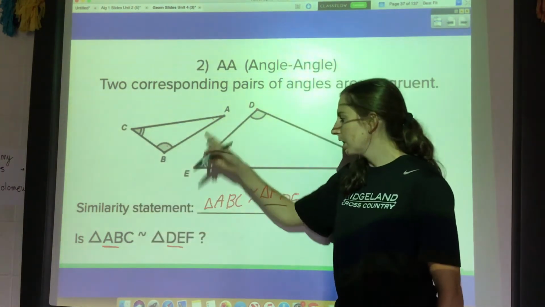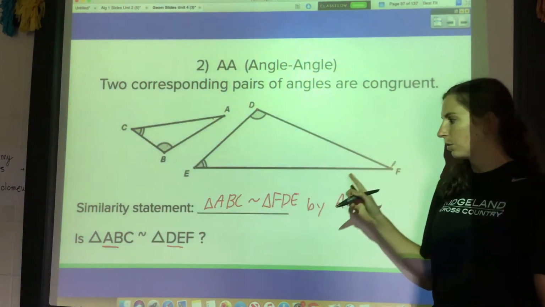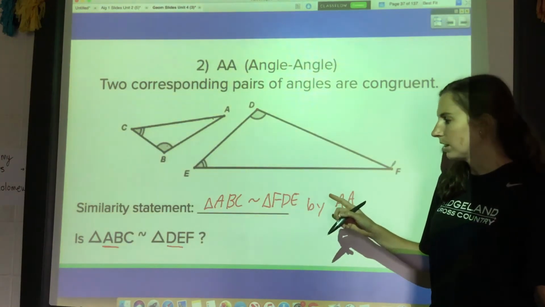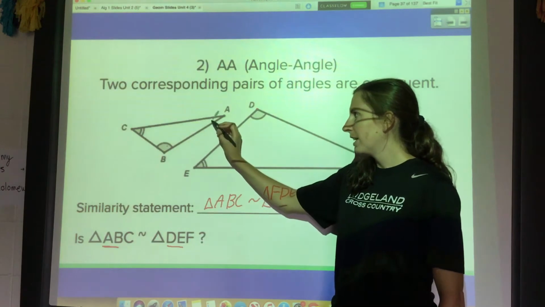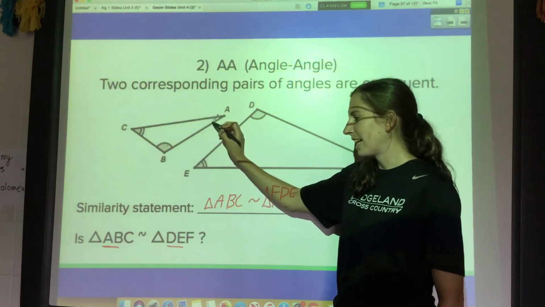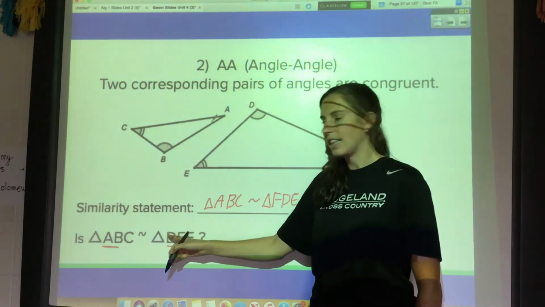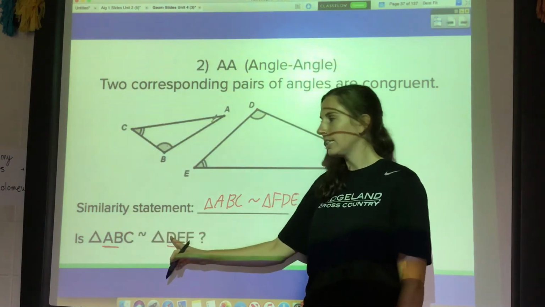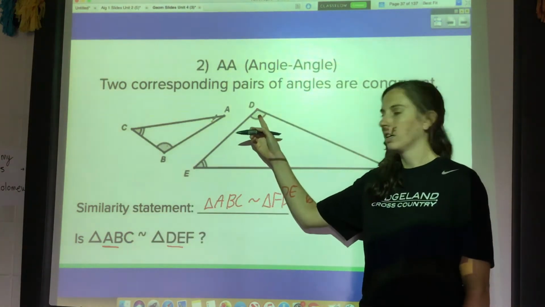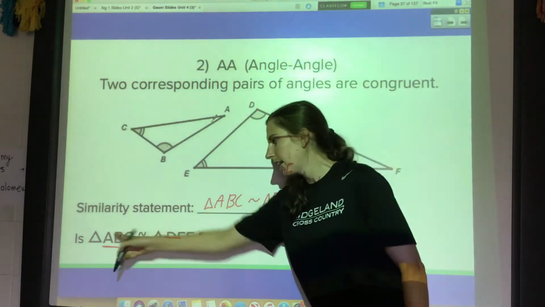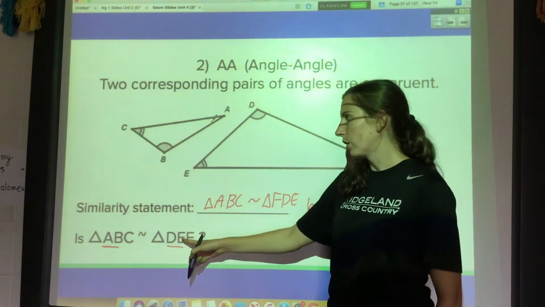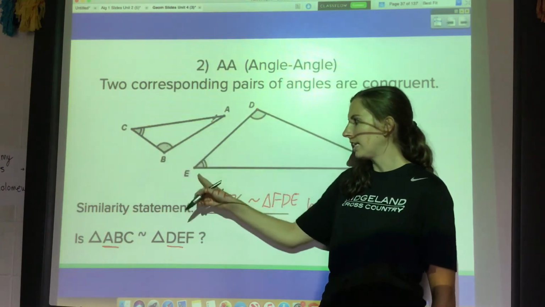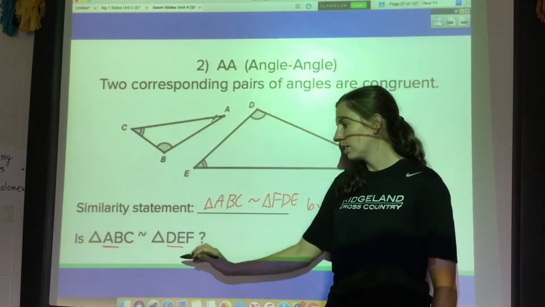A was the no mark, and F was the no mark. Oh, no, this doesn't work out. Because A should be nothing here, and this statement has it matching up with D, which should be a one mark. And so this is not true because A and D don't go together, and B and E don't go together, because B was 1 and E was 2. So this is not true.